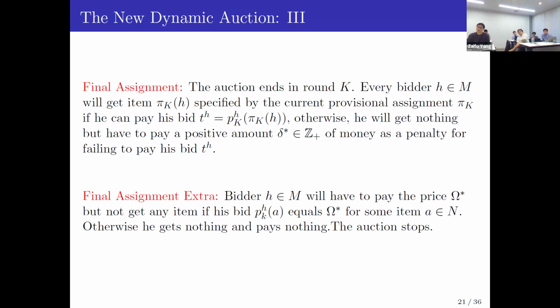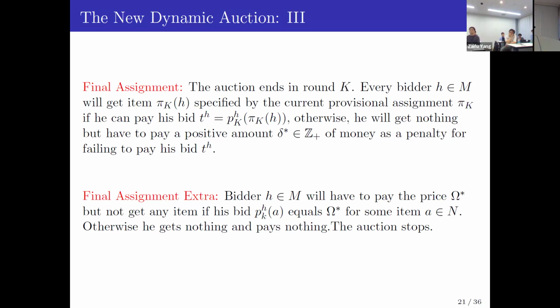Okay, then the other case is that the bid of some bidder goes to a very high price, the cap omega star. Then this bidder actually will have to pay that price, but of course he cannot pay.